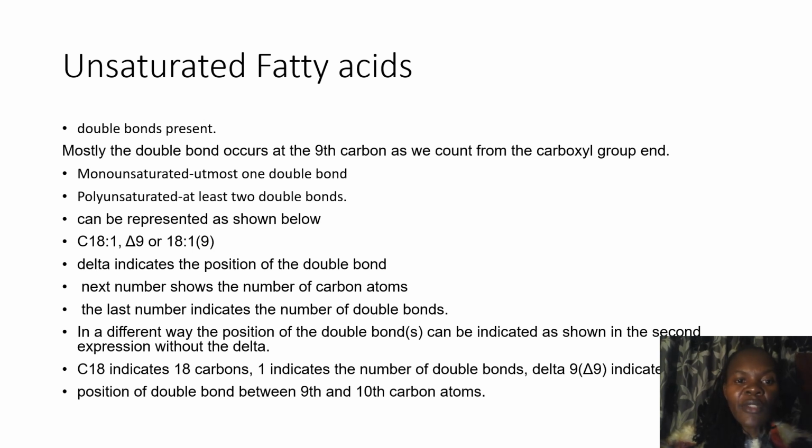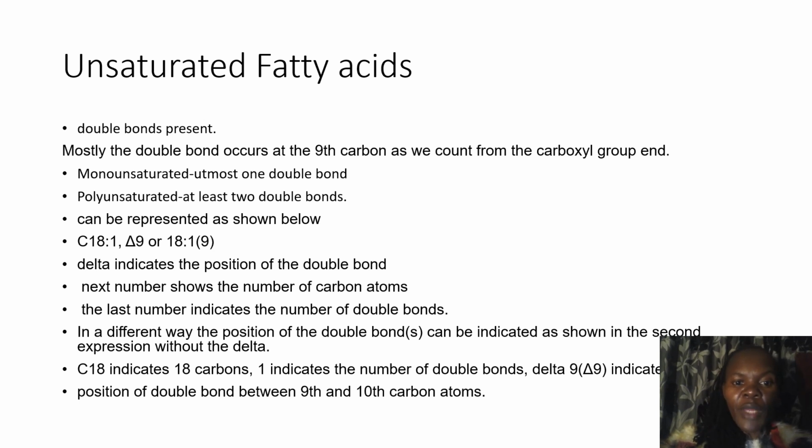So it says it is 18 carbons, our fatty acid, 1 double bond at position 9. If there is no delta, then there can also be a bracket explaining the position of the double bond. So the delta will indicate the position of the double bond. The next number will show the number of carbons. This is the number of carbons, this is the number of bonds, but then this is the position of the bond.